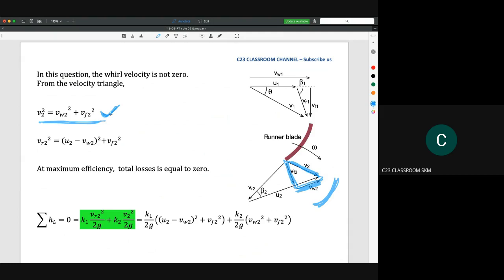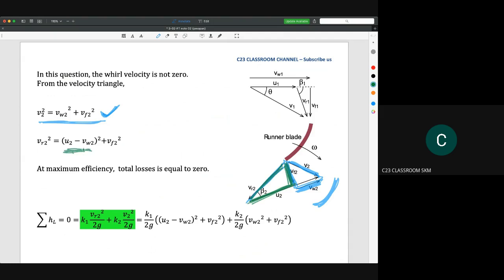So again, we have the VR2 here. It is equal to Vf2 square. We have here, okay, this is the VR2. So we have Vf2 and we need to take this length. This length is actually U2 minus VW2.